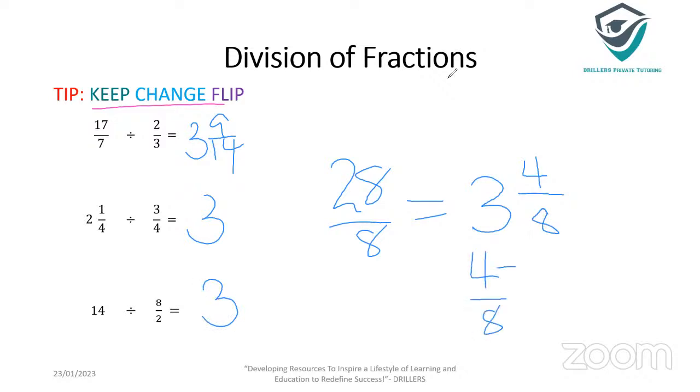So 4 can be divided by 4, and 8 can also be divided by 4. That's the largest number that both of them can be divided by; the HCF of 4 and 8 is 4. So 4 divided by 4 gives me 1, and 8 divided by 4 gives me 2. So 4 eighths is equal to a half. So my answer is 3 and a half.